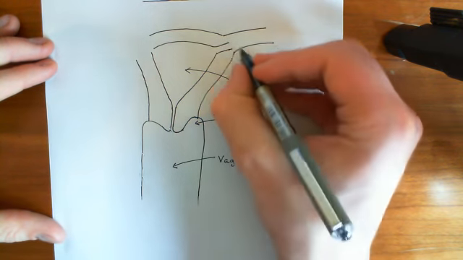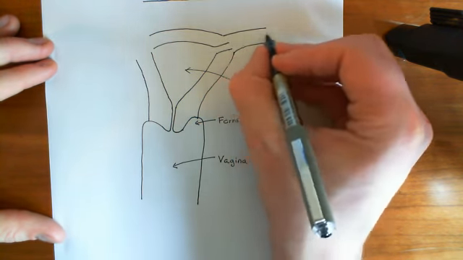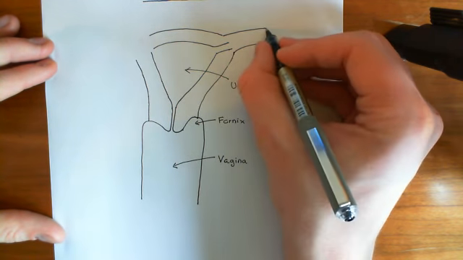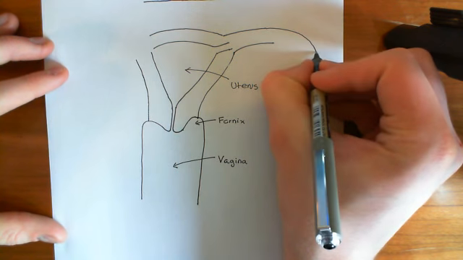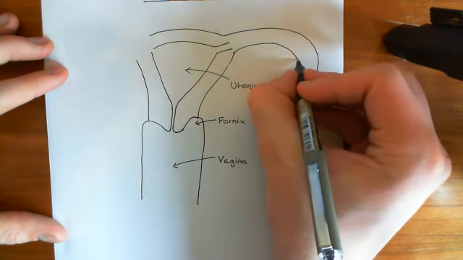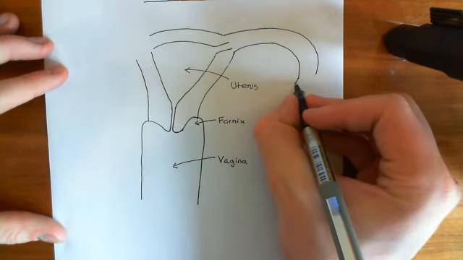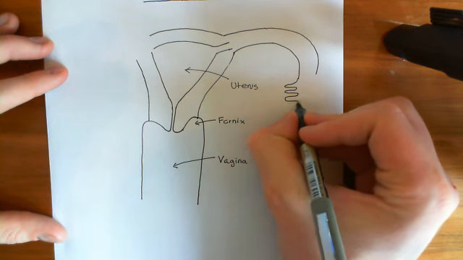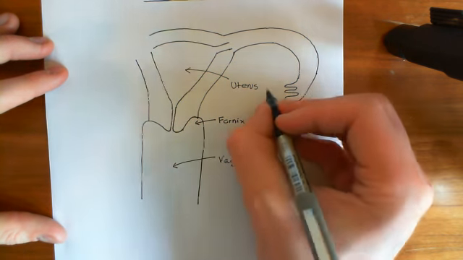I'm basically just going to draw the fallopian tubes as a tube. I'm not going to show the lumen coming down them. It will then fold back around to the ovaries, and it will have a few little fimbria, like so, which will stretch out towards the ovaries. Here's one of the ovaries.